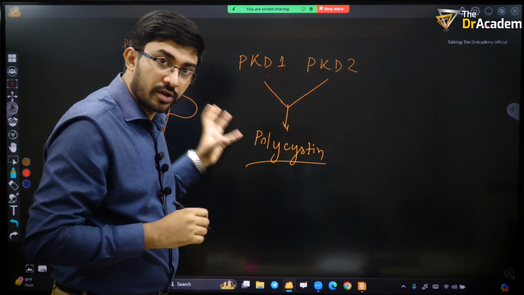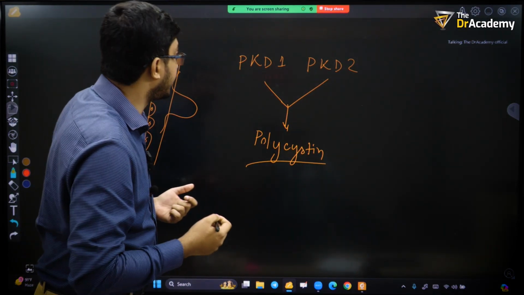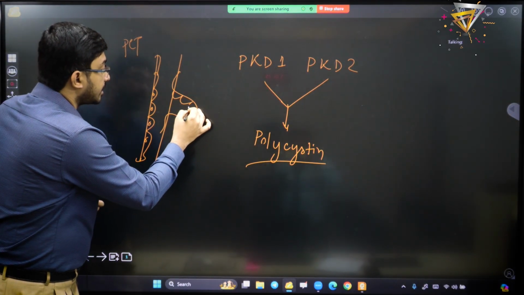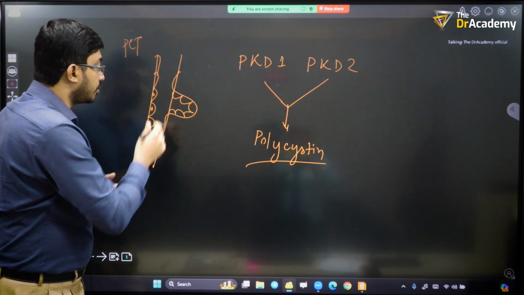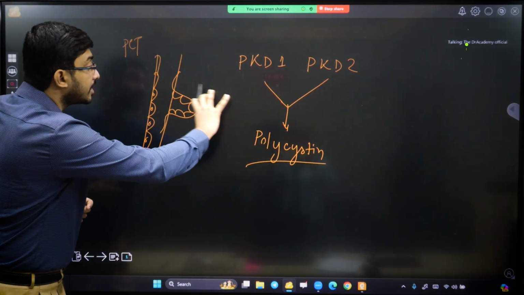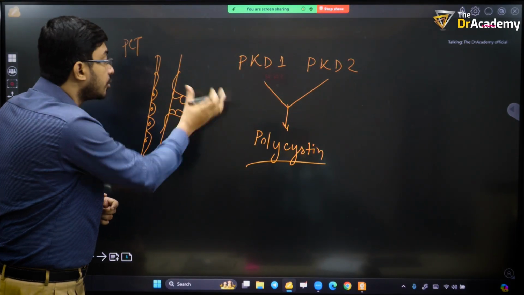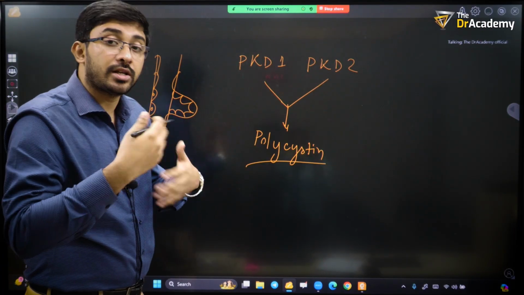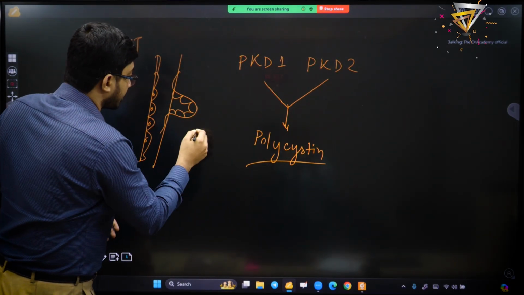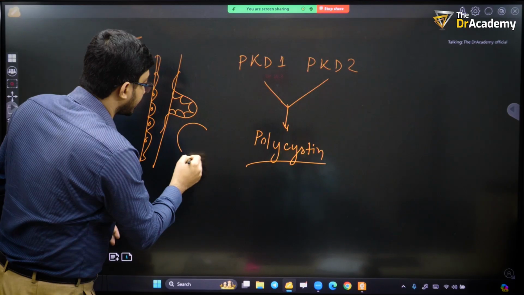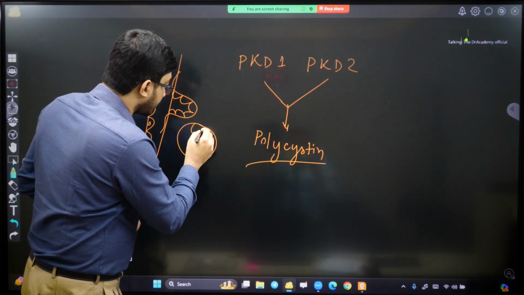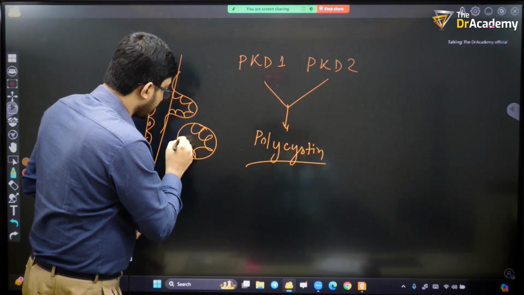Due to rapid proliferation, let me make it clear again. Due to rapid proliferation, these tubular cells cannot elongate in the downward direction, rather they move in the sideways, laterally to evaginate. And with further proliferation and continuous rapid proliferation, at a stage of time, this evagination gets separated from its parent tubule and make a cyst.